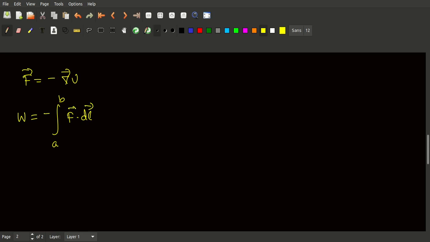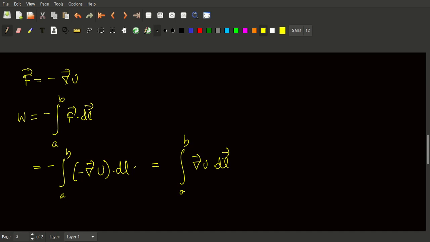Which is equal to negative integral from a to b of minus del u dot dl. Negative and negative cancel. What I have is integral from a to b of del u dot dl. Here dl is the infinitesimally small distance I am moving along the path.